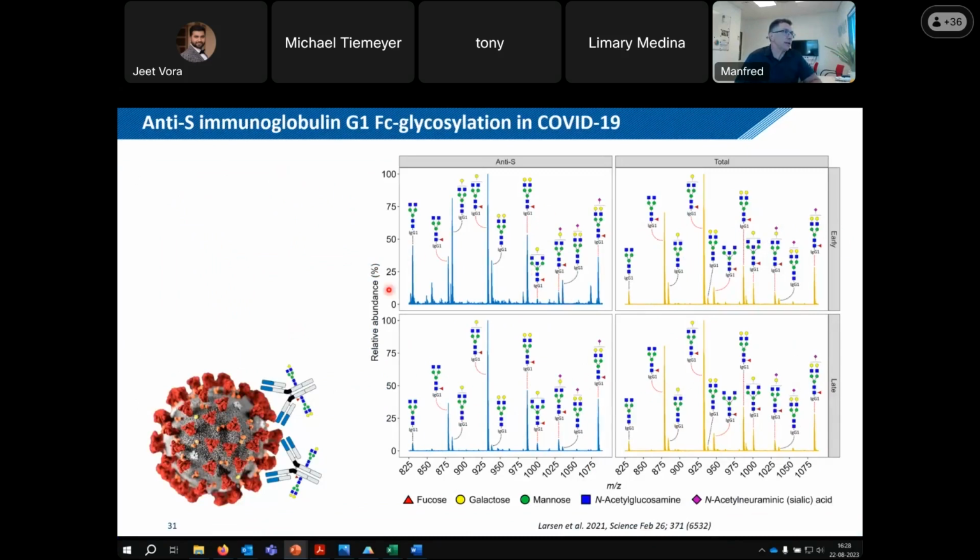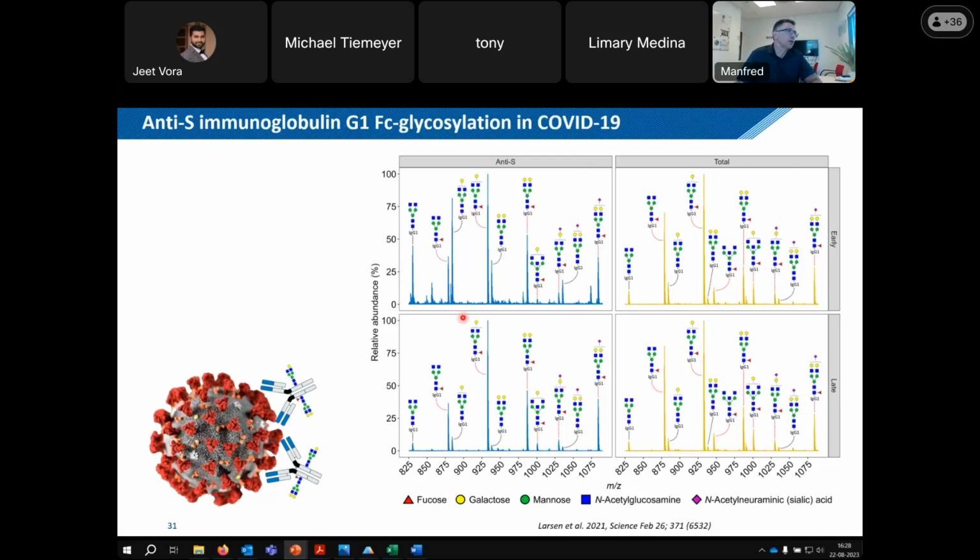What we did here is profile the antibodies against the RBD domain, or anti-S antibodies. Here we saw for one patient that an early time point was quite different from a late time point. For example, we have a glycoform lacking fucose at the early time point, while this glycoform lacking fucose is down at a later time point.